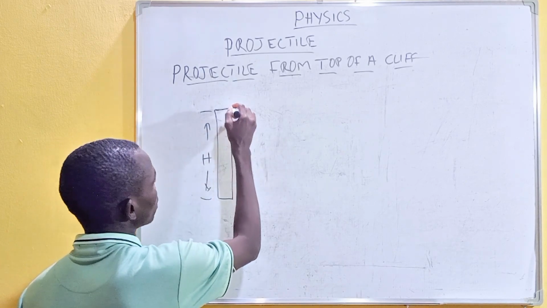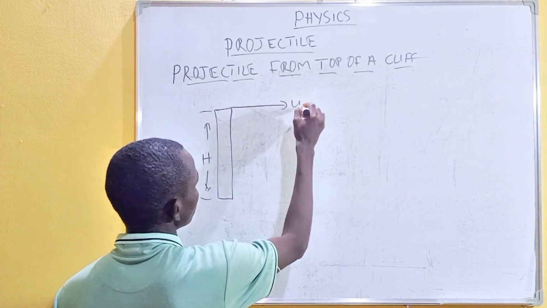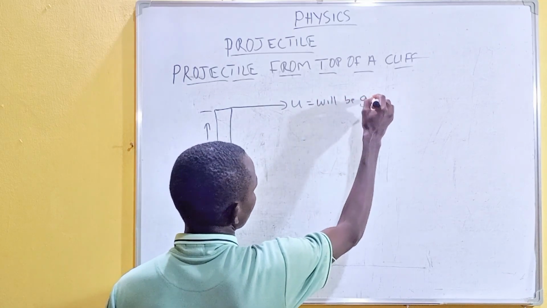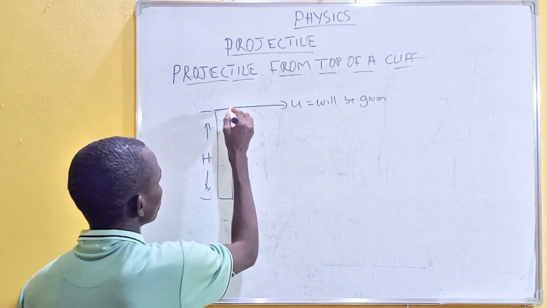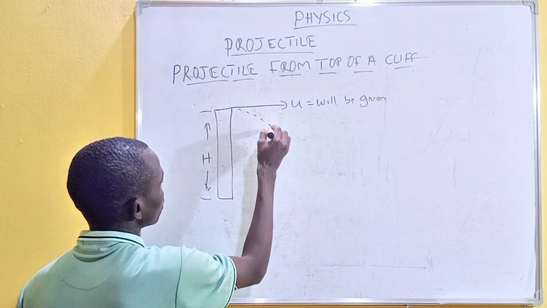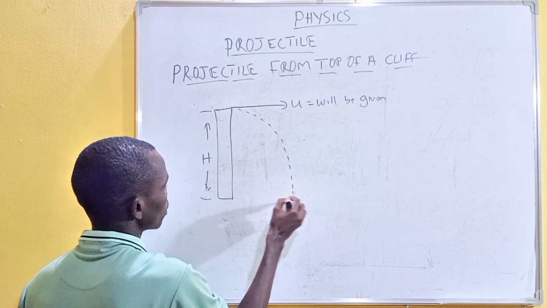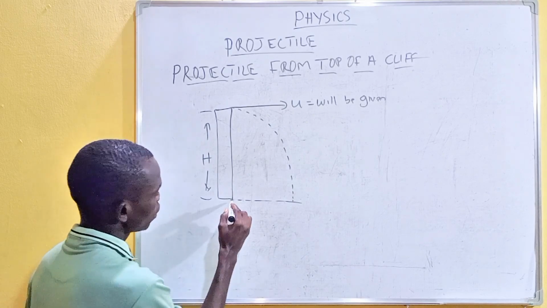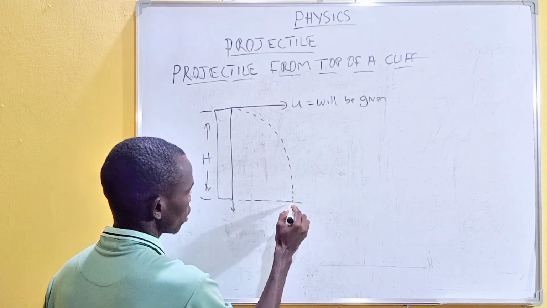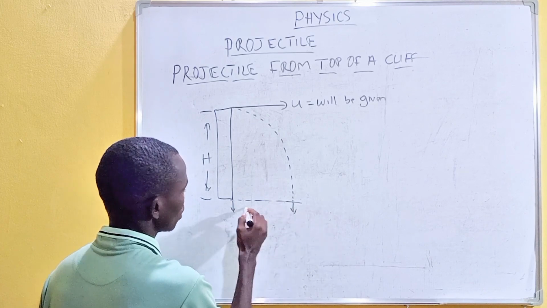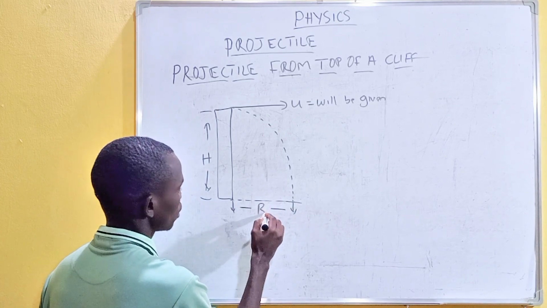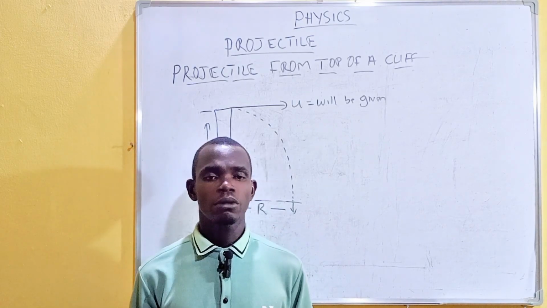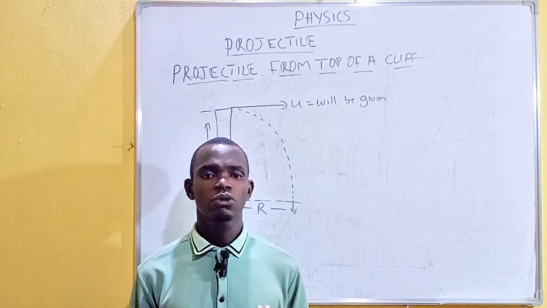The ball is projected with a horizontal velocity u to follow a curved path until it hits the ground level. And the distance from the bottom of the hill to the point where the object hits the ground is called the range.